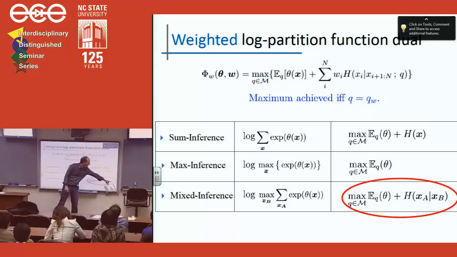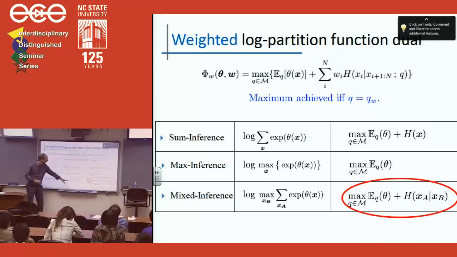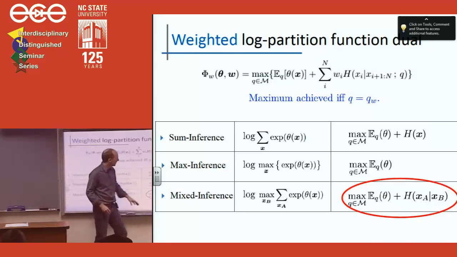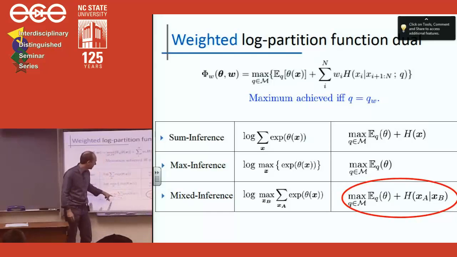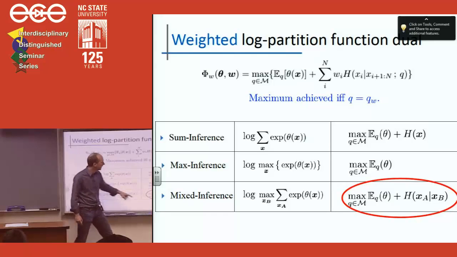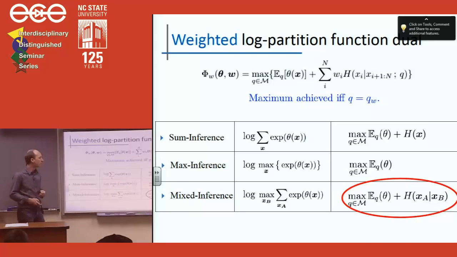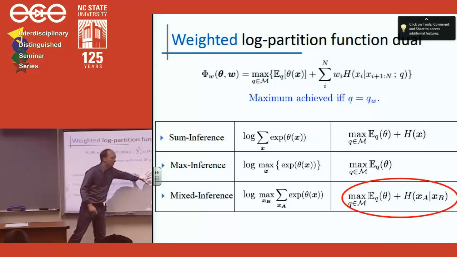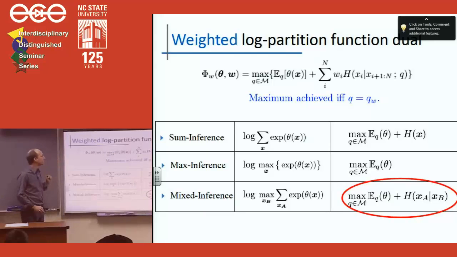If I take the set B to be no nodes, so I don't maximize over anything, I get the entropy of the whole system. If I take the max nodes to be everything and don't sum over anything, I get the entropy of nothing. So it interpolates between these two endpoints. So it's somehow the right generalization of these two things.